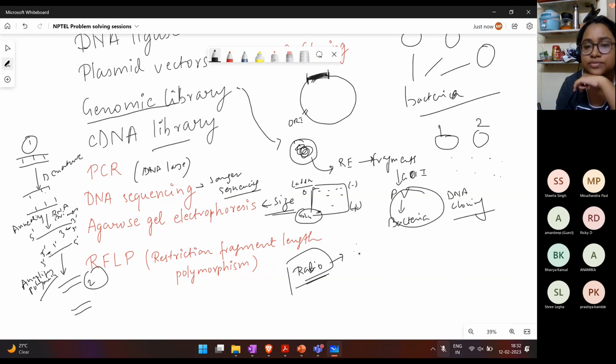Suppose this is my DNA fragment, and at this stage your radio labeled nucleotide is added here, but this nucleotide doesn't have the OH group, because of which the DNA synthesis after addition of this nucleotide is terminated. So there is a special name for it.